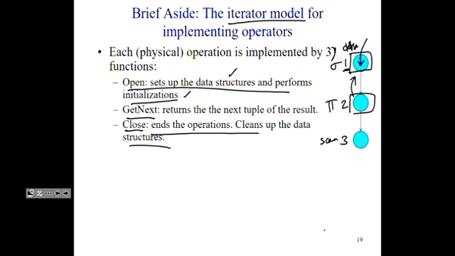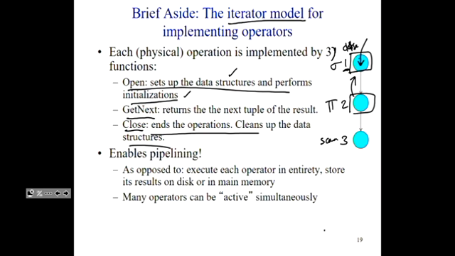So you can think about each operator as operating in the iterator model, where they iteratively work on tuples one at a time and then pass the tuples to the higher level operator or the calling operator that is calling for the next output tuple. One benefit of this iterator model is that it enables pipelining.